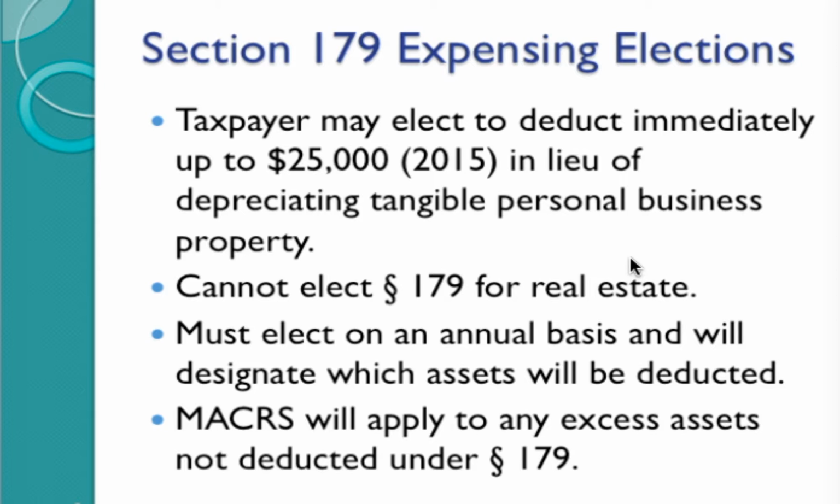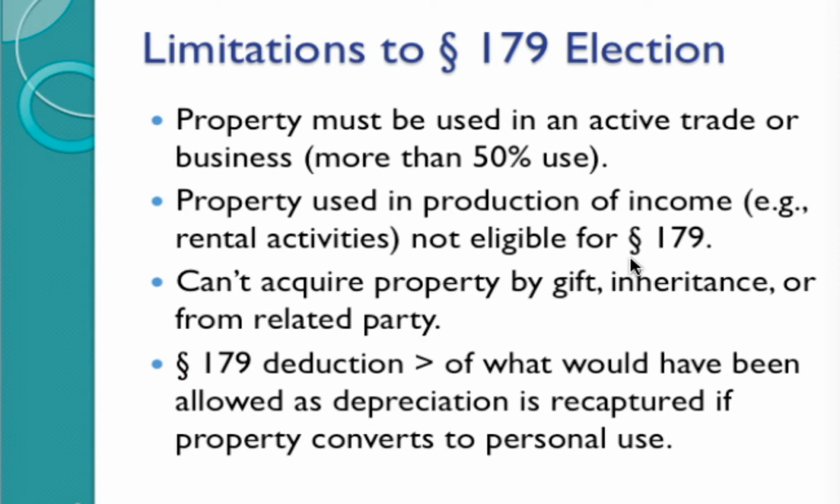You will select this year to year and designate which assets will be affected by it. Any assets that are not affected by it and not elected will be subject to MACRS, conventions, and numbers. The limitations under the Section 179 election are as follows.